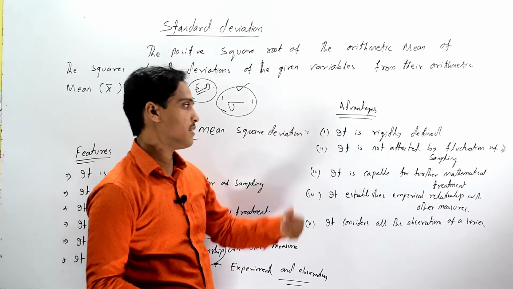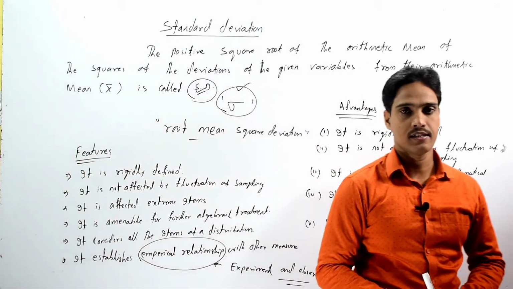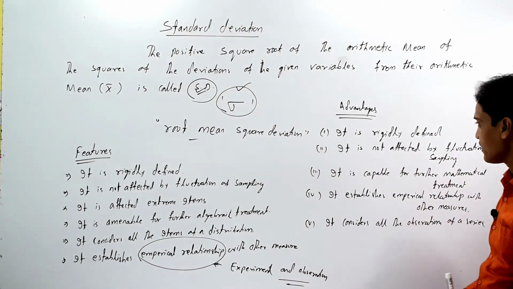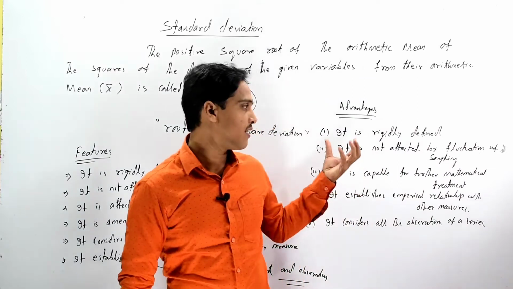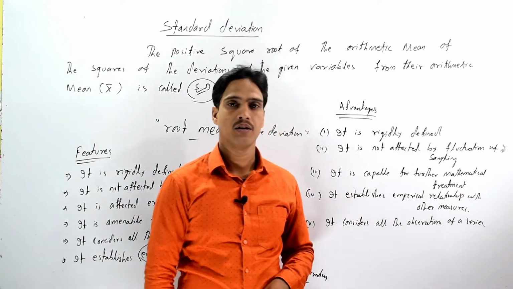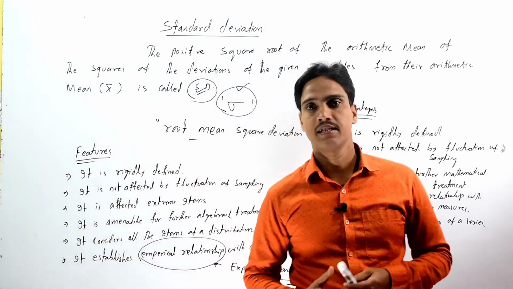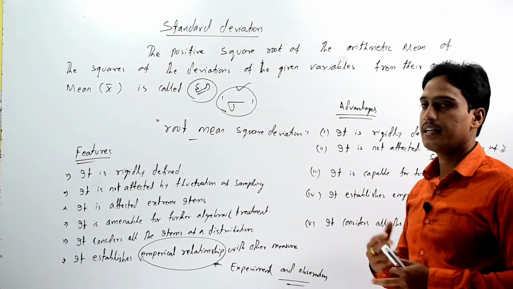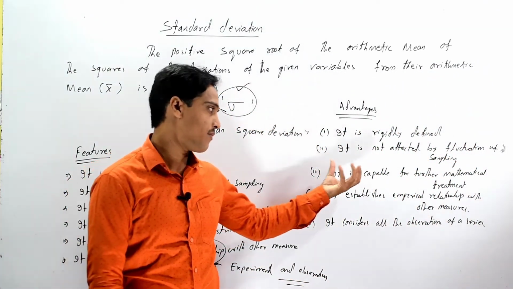So these are the advantages of standard deviation. Let's repeat again. It is rigidly defined, that means it is clearly defined, and it is not affected by fluctuation of sampling. That means if we change the samples, the standard deviation is not affected.